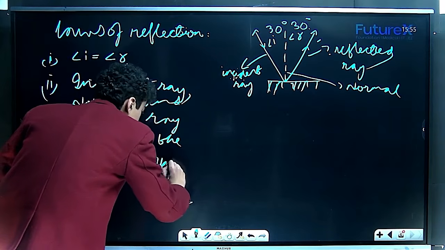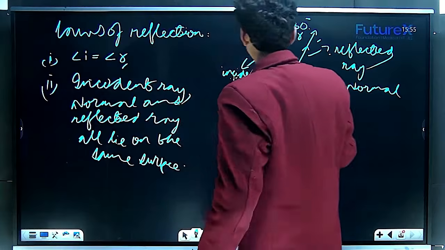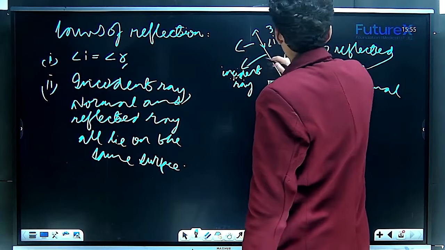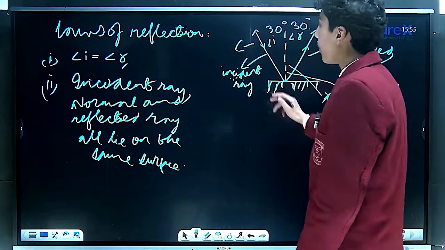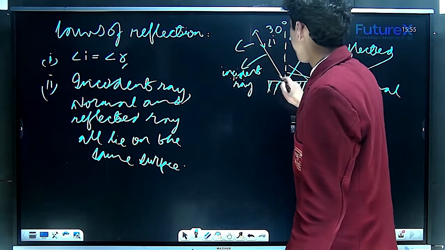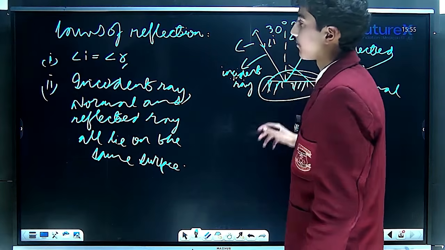Basically, what the second law states is that the incident ray, the reflected ray and the normal all lie on the same surface. The surface is the plane mirror, and the second law states they all lie on the same surface.